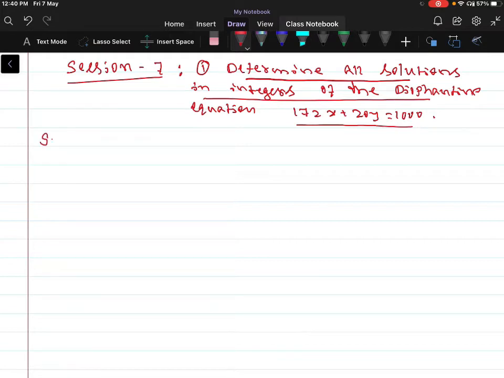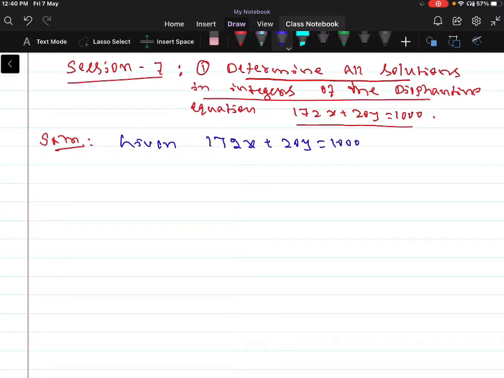Let us move to the solution. Given the Diophantine equation 172x plus 20y is equal to 1000.